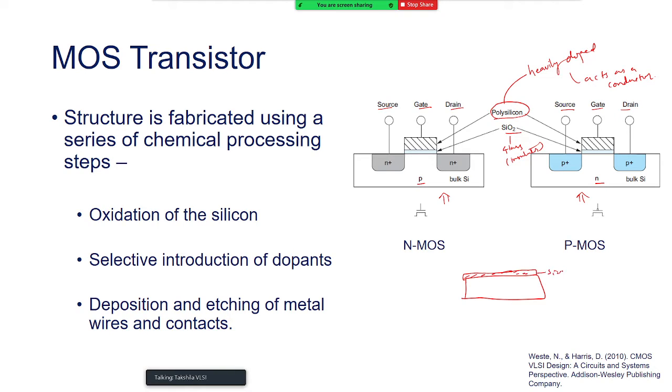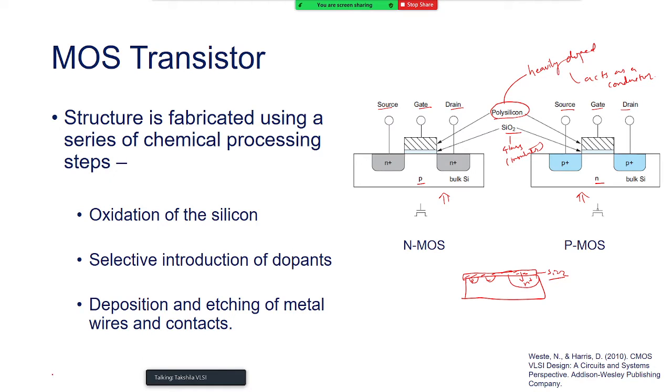They put SiO2 on top of this, and then they define the areas using the mask, which we call selective introduction of the dopant, and accordingly they create the areas here: NMOS, N plus diffusion, P plus diffusion. They keep on depositing and etching the layers, and finally they also deposit and etch the metal and the contacts.